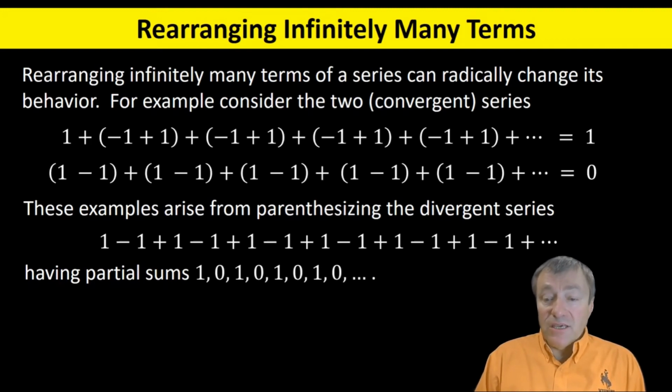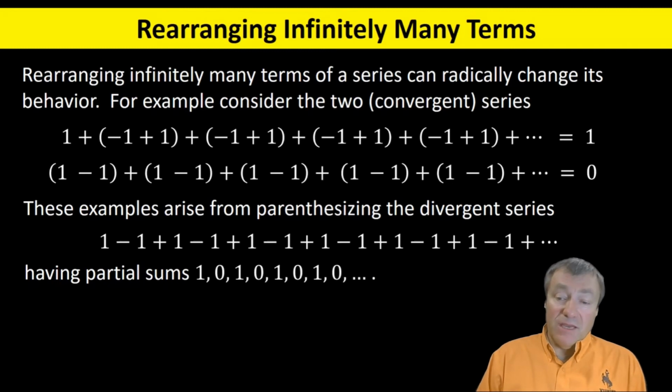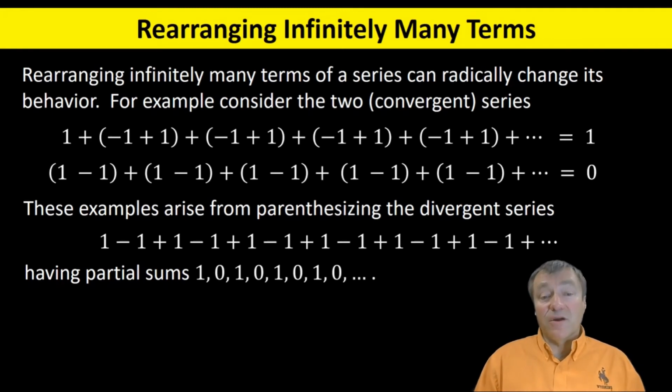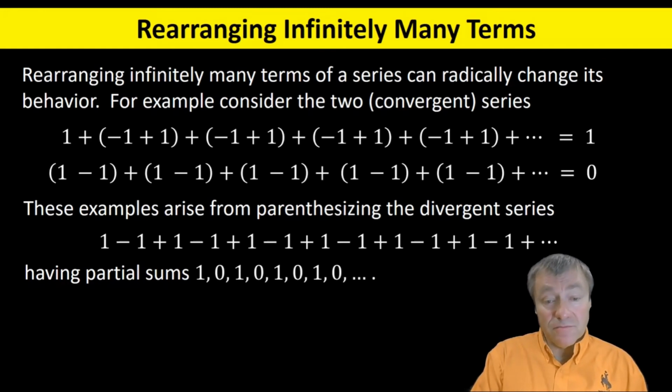We've already seen that by doing infinitely many such changes to a series, you can expect to drastically change the behavior of this series. Doing a finite number of these modifications doesn't, but an infinite number of these changes does change it.